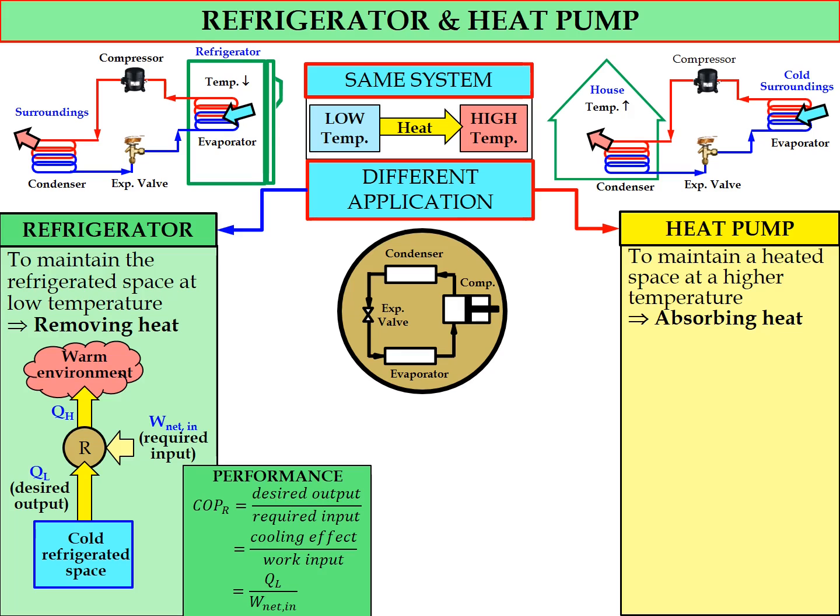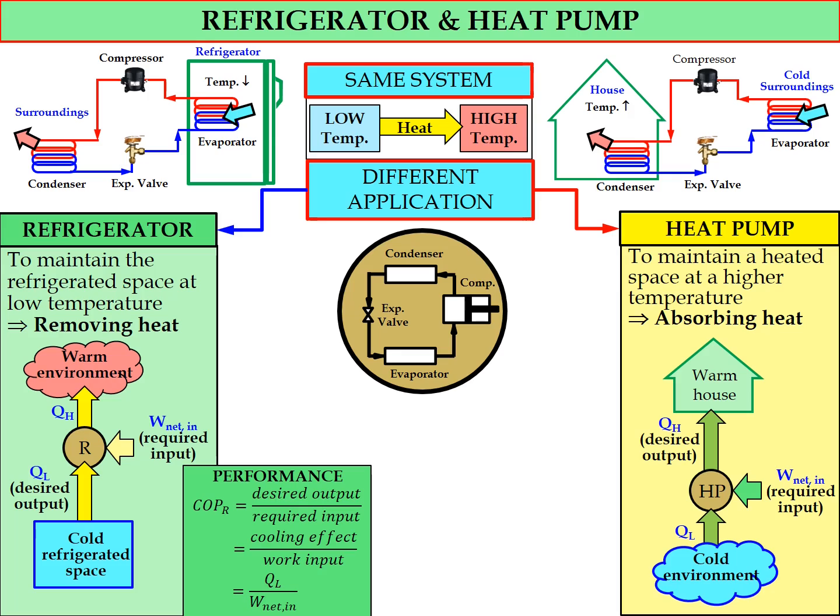If you refer to the schematic diagram, refer to the area inside the house. If you draw the simple schematic diagram, the heat pump is represented by the circle with HP symbol, and the symbol also represents the main components of the heat pump: compressor, condenser, expansion valve, and also evaporator.